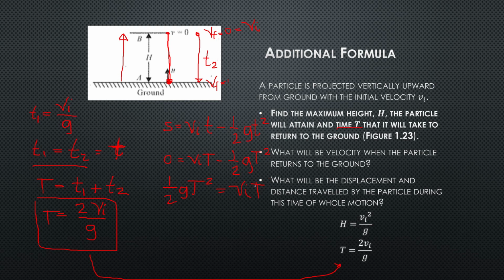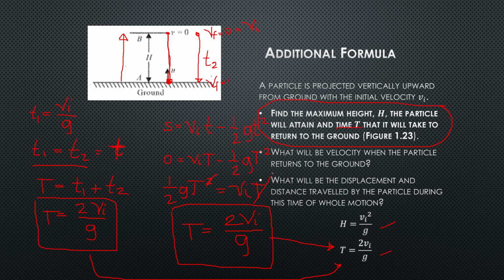Dividing both sides by time, solving for t, this becomes 2 initial velocity all over acceleration due to gravity. So basically, in free fall problems, when asked for maximum height and the total time taken, you can use this formula.